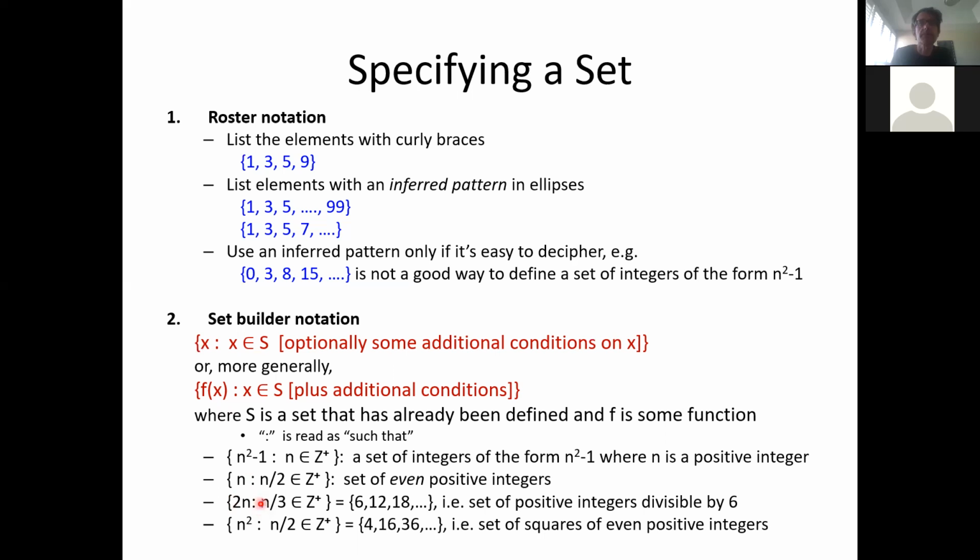So for example, here, this is a set builder that says the elements of it are of the form 2n, such that n satisfies the following condition: n divided by 3 is a positive integer. So what are the n's that satisfy this condition? n equal to 3, n equal to 6, n equal to 9, all n's which are divisible by 3.